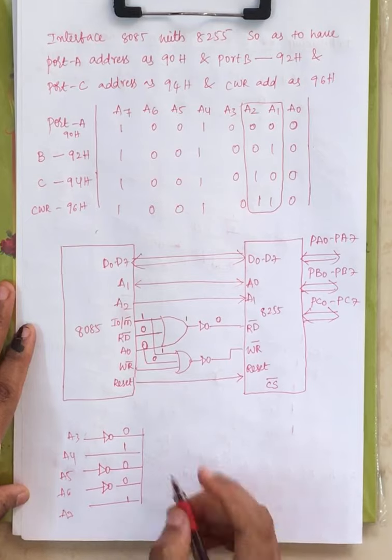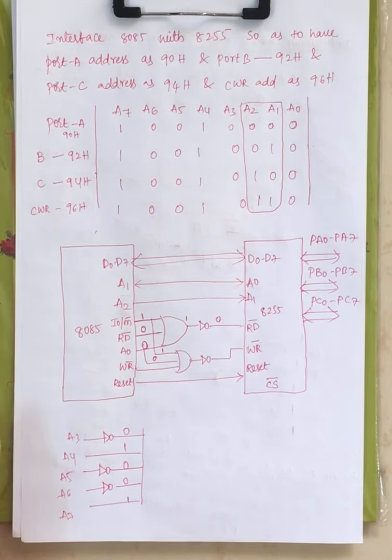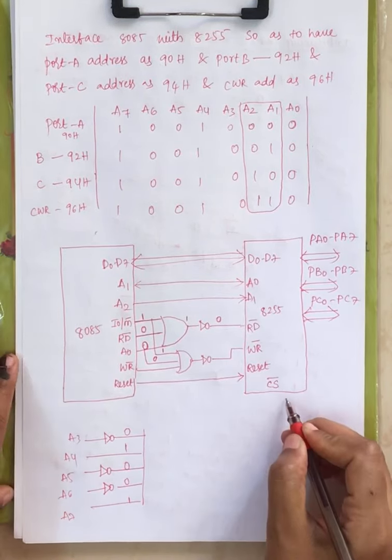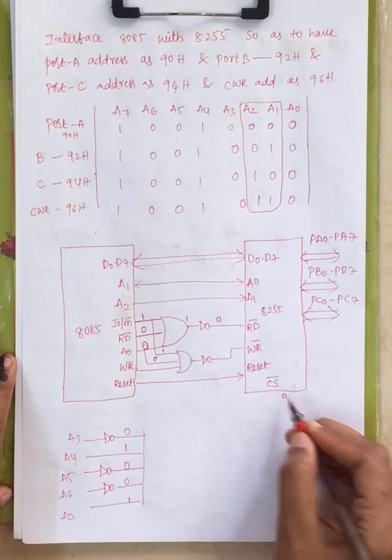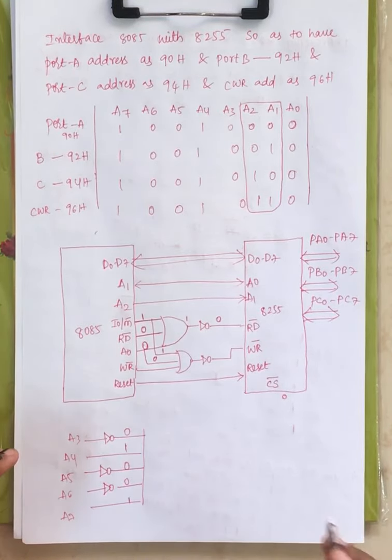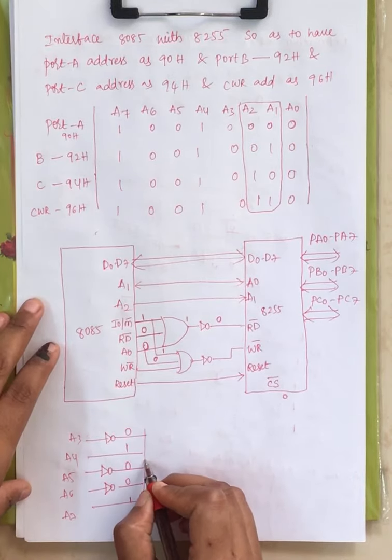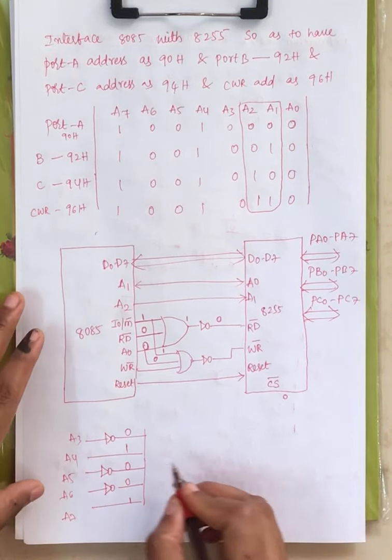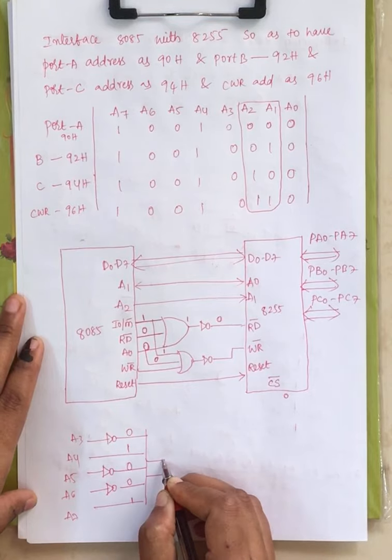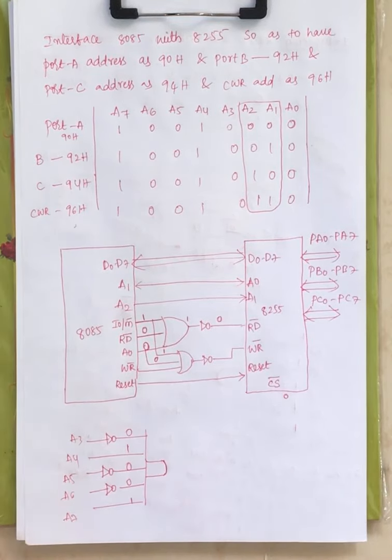Now you have to choose one logic here such that you provide 0 to the chip selection pin in order to communicate your 8255 with 8085. Let us assume I have chosen an AND gate. Check whether you are getting logic 0 for CS bar or not.